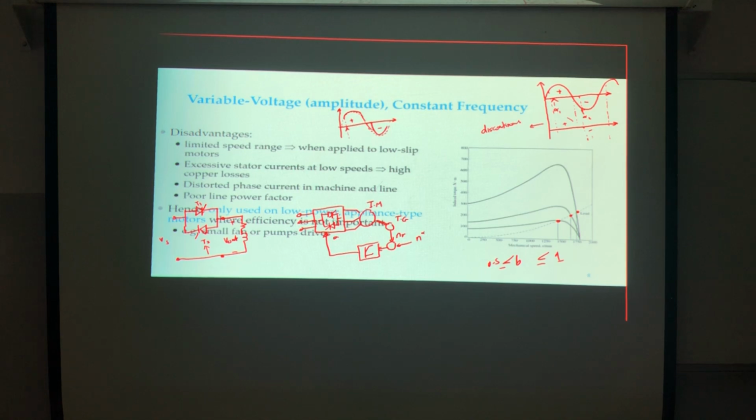The voltage will be like this one, but the current will be continuous. So this is the I, the current will be distorted, and this is the V. Assembly, this will be used for low efficiency machines, such as small fans or pumps.